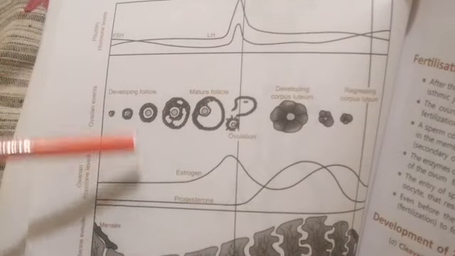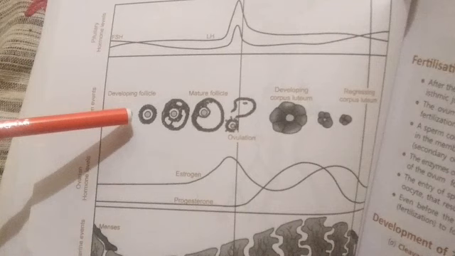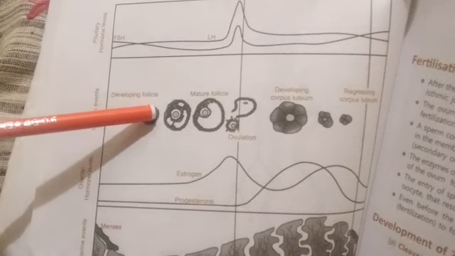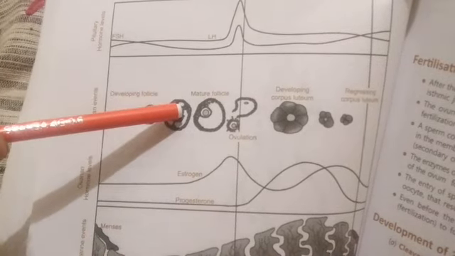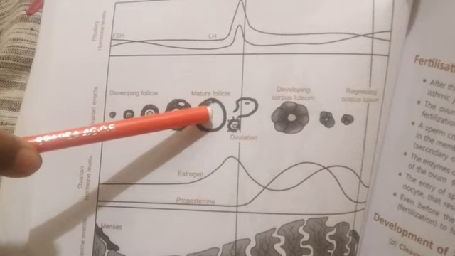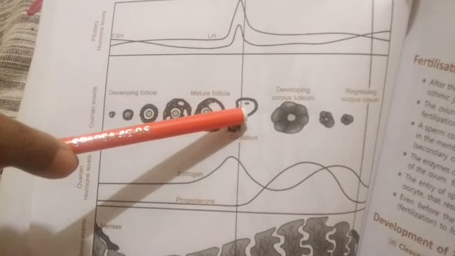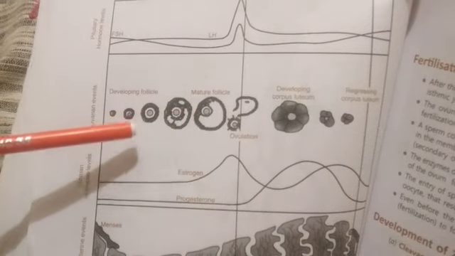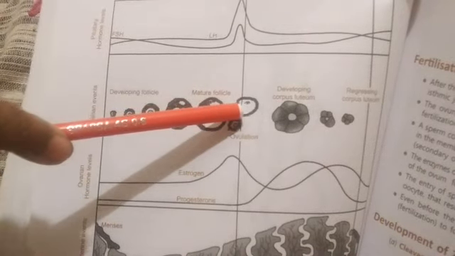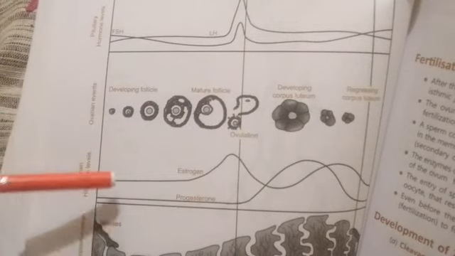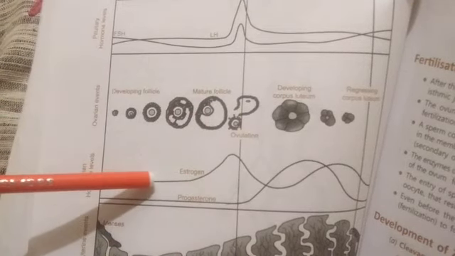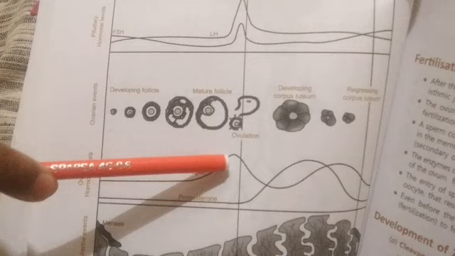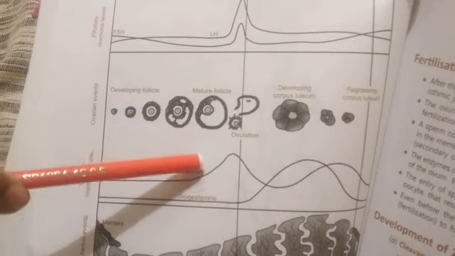And this is the primary follicle, secondary follicle, immature tertiary follicle, mature tertiary follicle, Graafian follicle, ruptured Graafian follicle. So in the follicular phase, this series of development occurs in the follicles, and you can see there is a gradual increase of the estrogen, which is released by these follicular cells.